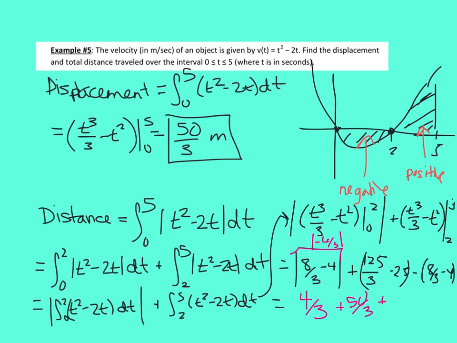This ends up being another negative 4/3, but it becomes positive because it's a minus minus. So we end up in the end getting 58 over 3 meters. You will notice that your distance is going to be more than your displacement. That should happen. It should either be greater than or equal to your displacement.